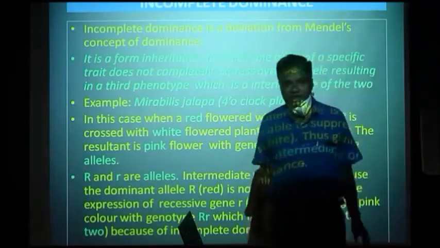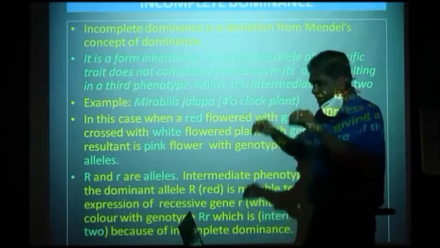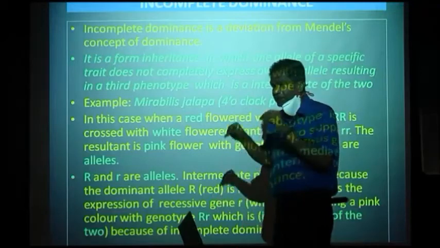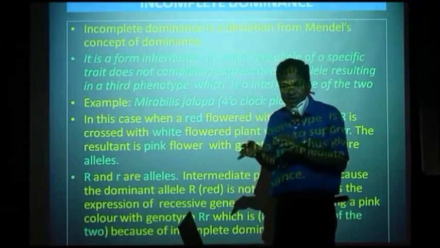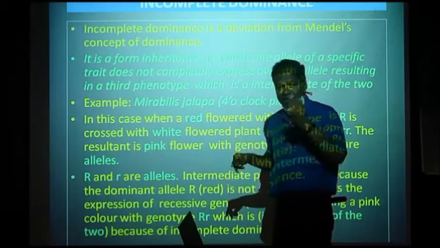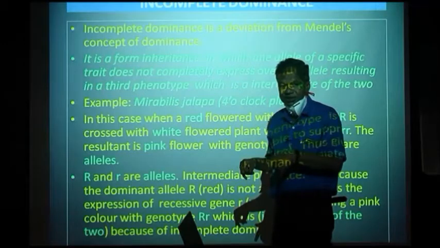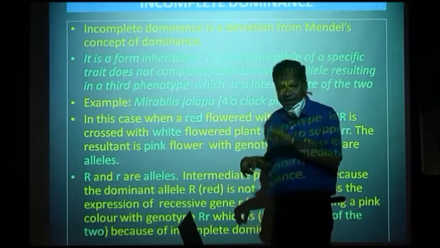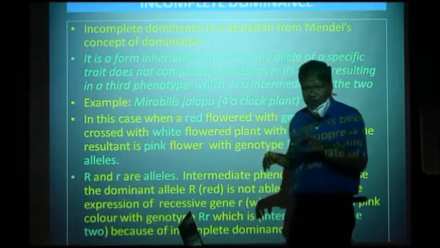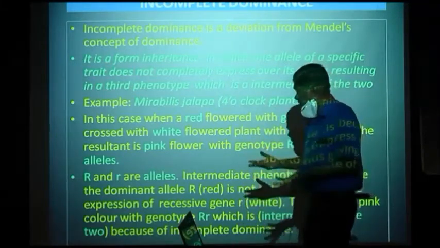Just now we have discussed dominance. Dominance is where the recessive gene, which is represented by small t, is suppressed by capital T, that is the dominant gene. So, when capital T, small t are there in a gene pair, we get the expression of capital T, or the tall.